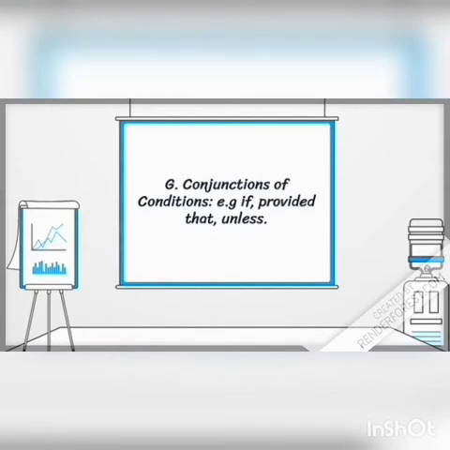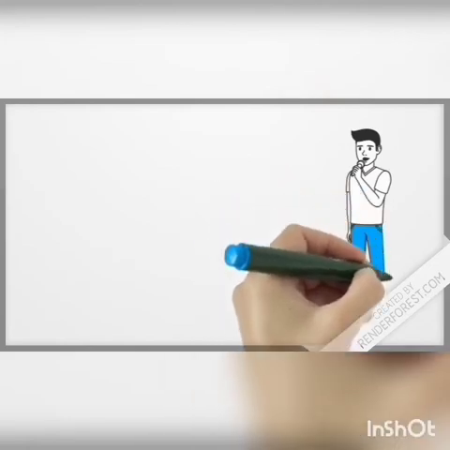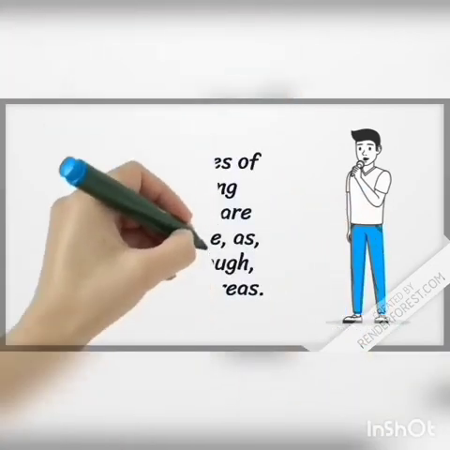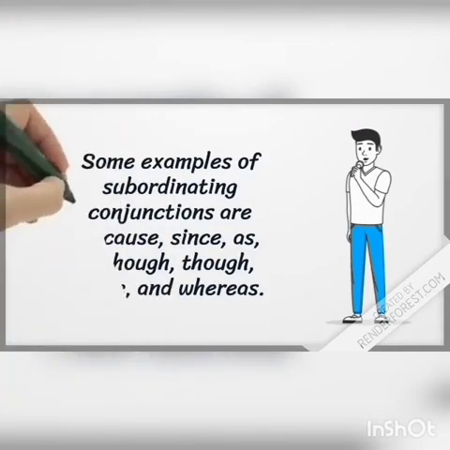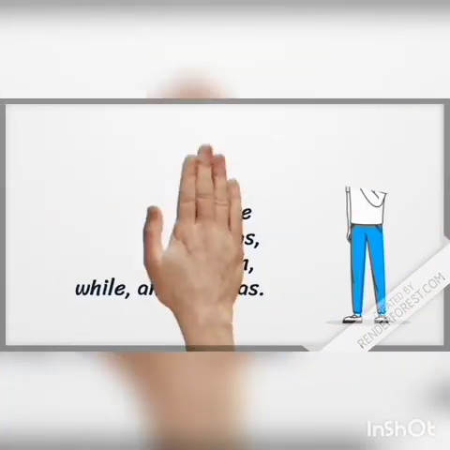So these are conjunctions of condition. Having seen the subdivisions of subordinating conjunctions, we will look generally at examples of subordinating conjunctions. We have because, since, as, although, though, while, and whereas.